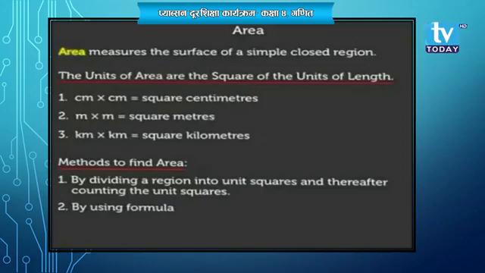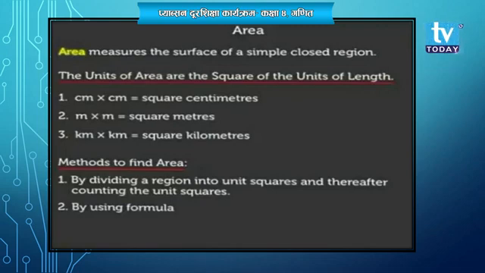Okay, now the methods to find the area. That means how we have already found the area of a rectangle as well as a square. Here you can see the methods of finding area. What is the first method?